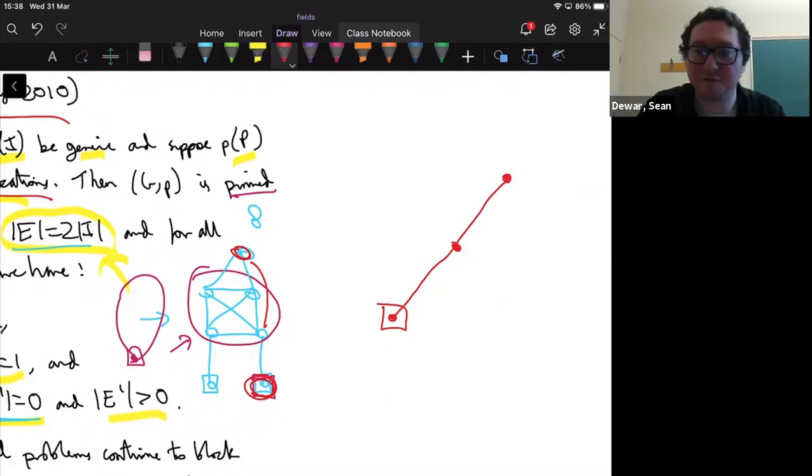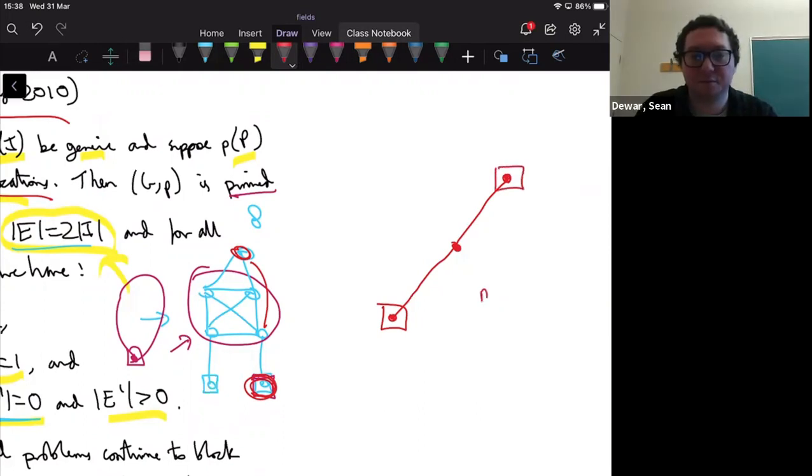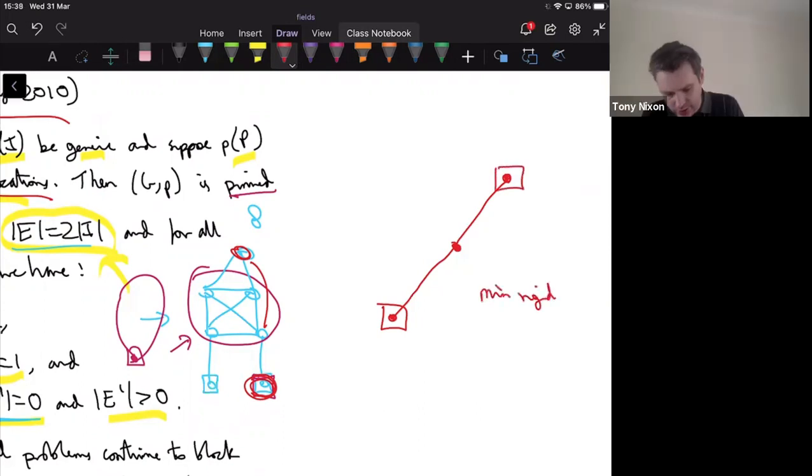Because you still got an infinitesimal flex. So say this was pinned. Yeah. Then this is still minimally rigid. The rigidity matrix here would have rank 2. Say we're in the plane.